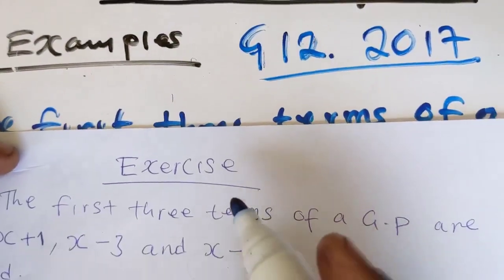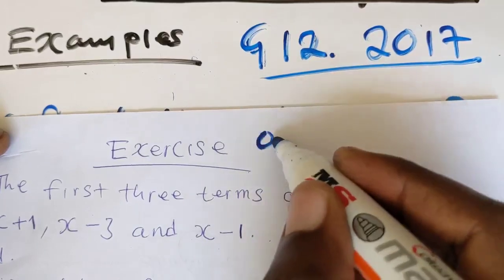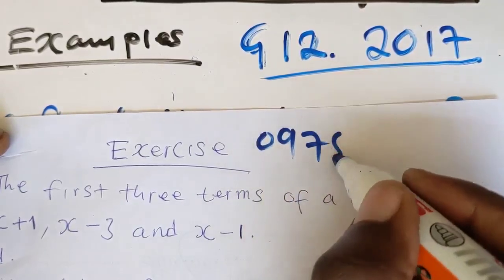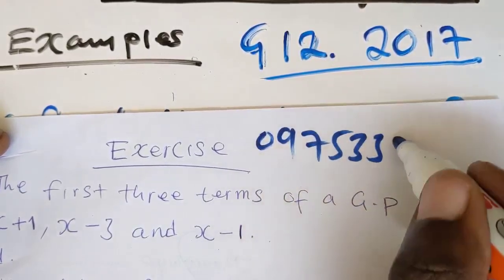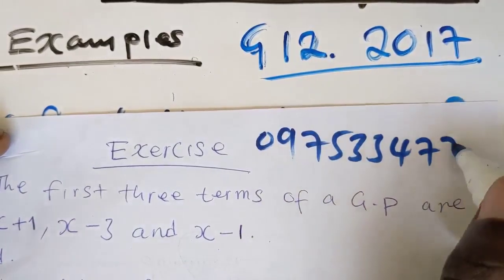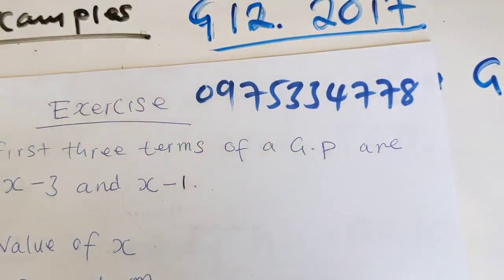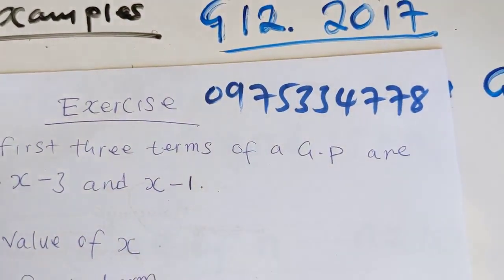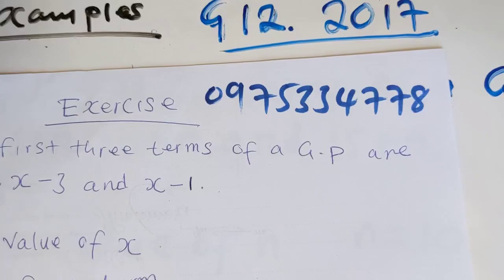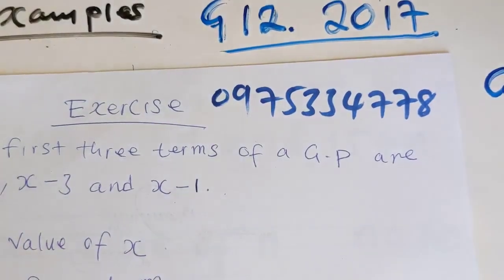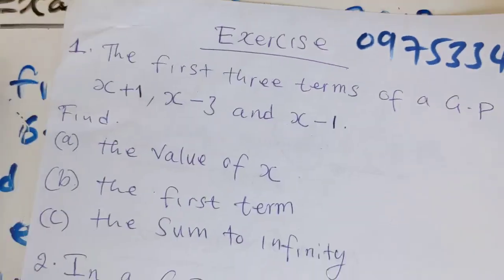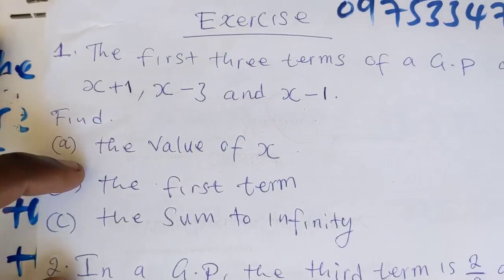My number is 0975334778. My name is Tutor Patrick Divine. You can inbox your solutions through that same line on WhatsApp. If you want tuitions, you can contact me on the same line. So this is the exercise that I've given you.